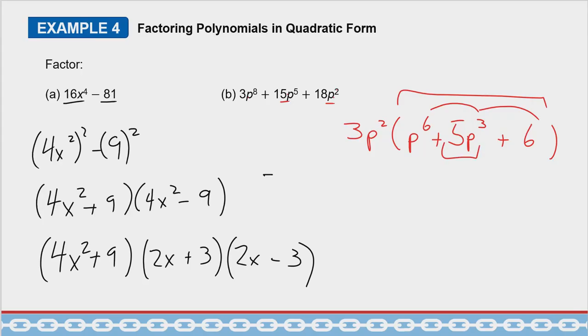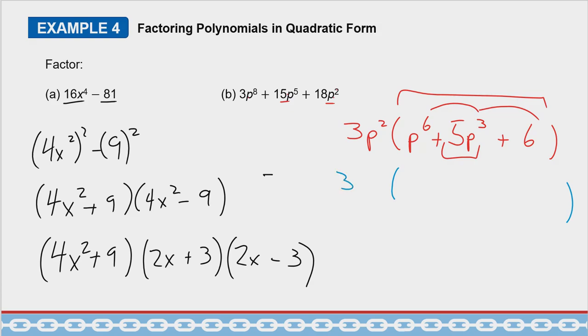Looking at factoring this, I want to try to factor out the p to the 6th plus 5p to the 3rd plus 6.